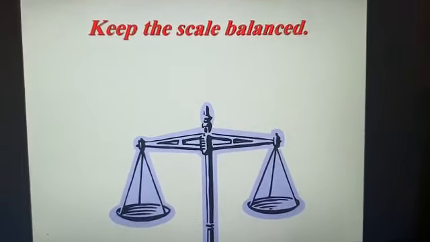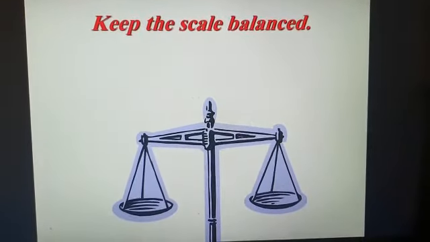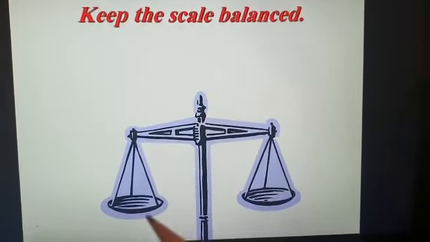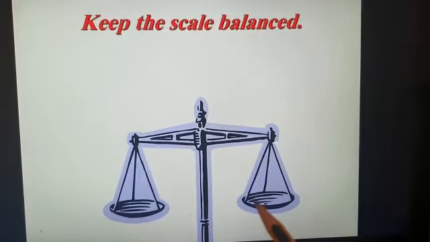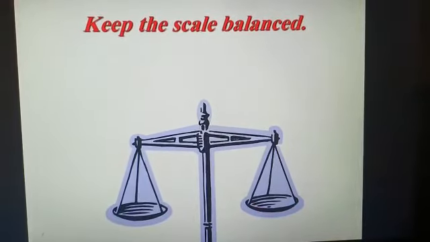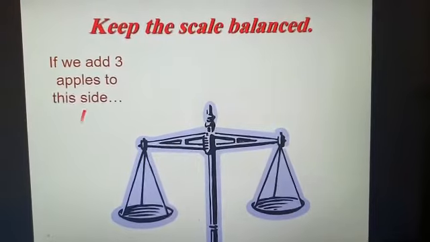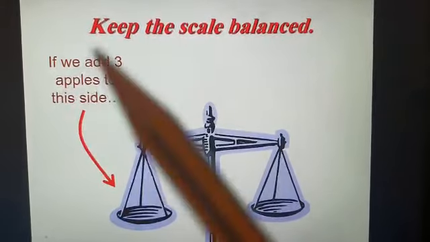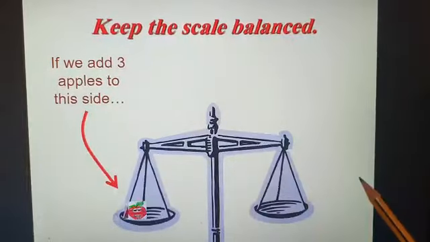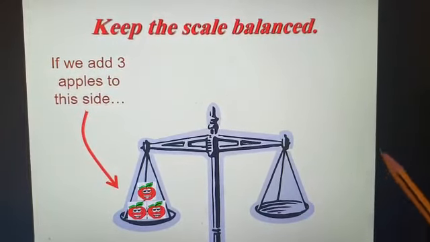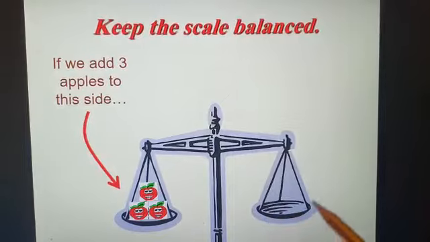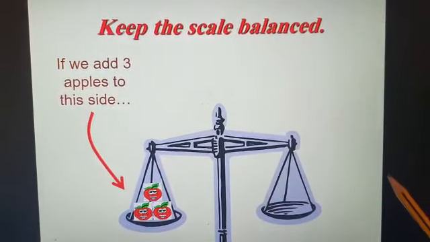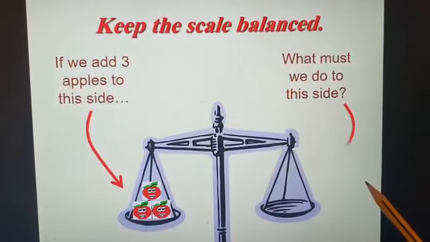To keep the scale balanced, if we add any amount to the left hand side, we have to add the same amount to the right hand side. For example, here, if we add 3 apples to the left hand side, we have to add the same amount, 3 apples, to the right hand side to keep the scale balanced.